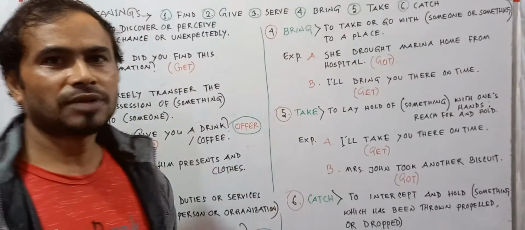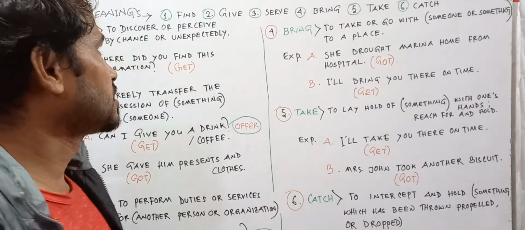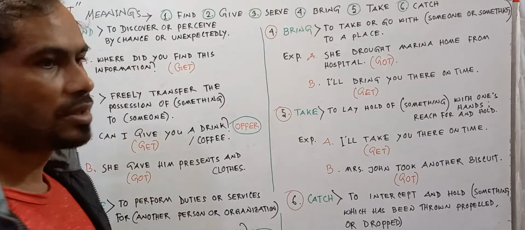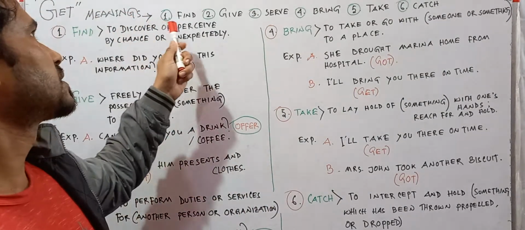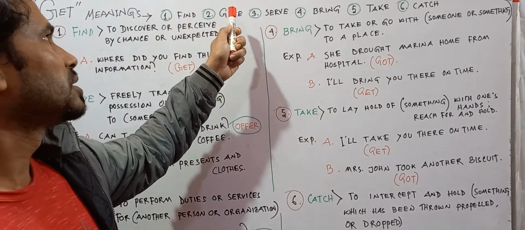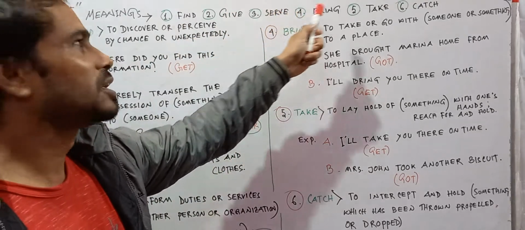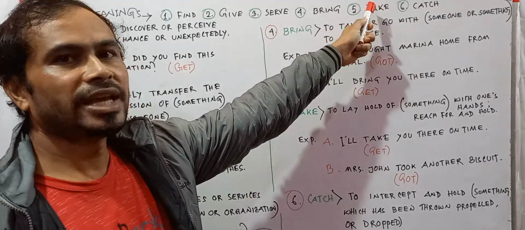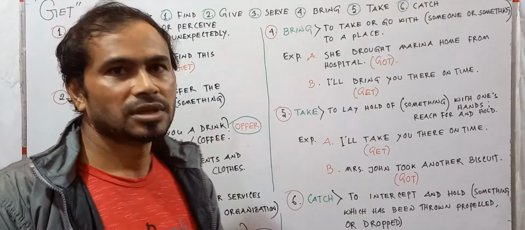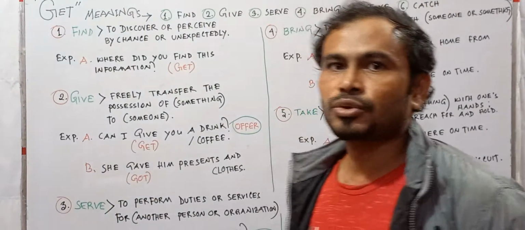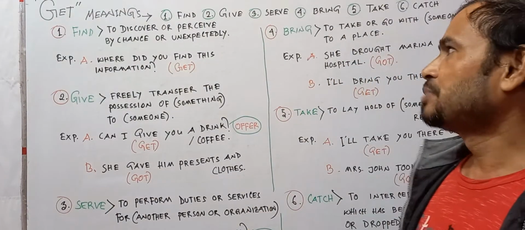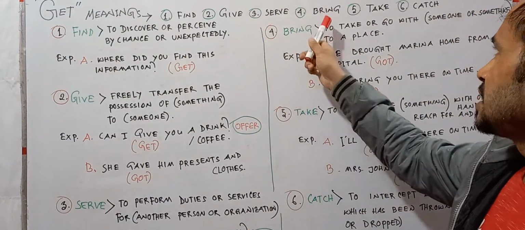Friends, I have already told you my today's lesson is about get. Here I have written get meanings: find, give, serve, bring, take, catch. 6 verbs. Okay. We will try to find appropriate meanings in these 6 verbs.